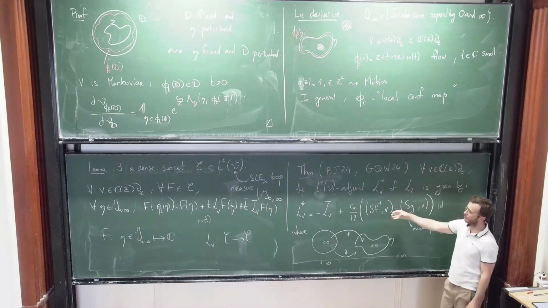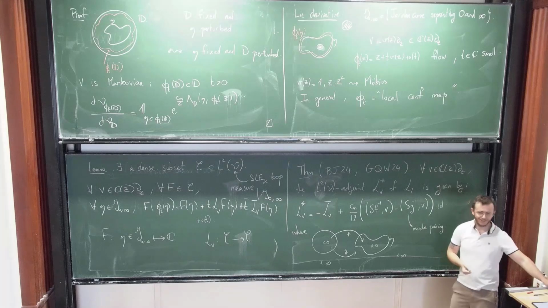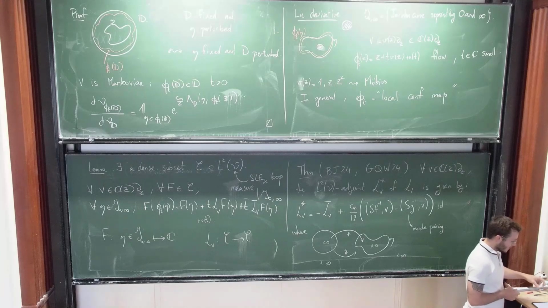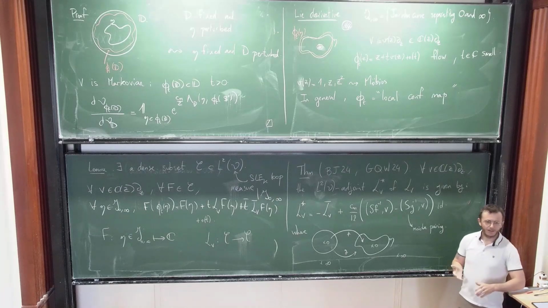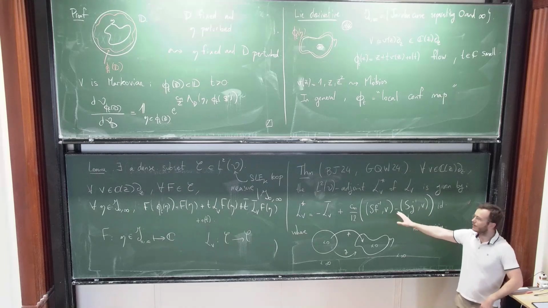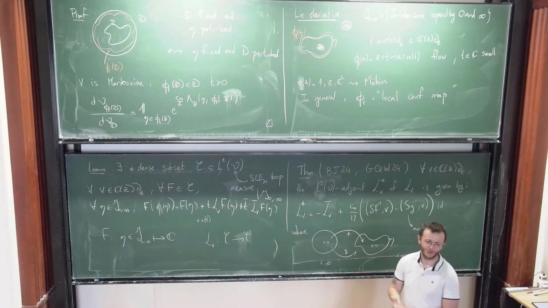So the question is, now that you have this integration by parts formula, what do you do? How do you go from this to here? I try to give a high-level proof where you want to differentiate in this space J, so you want to perturb a little bit the curve.